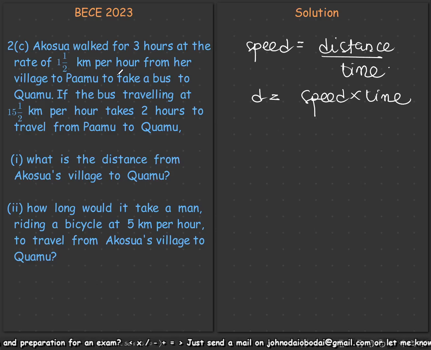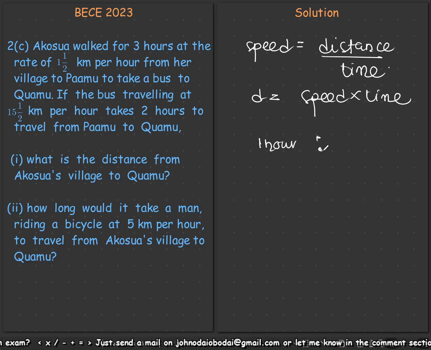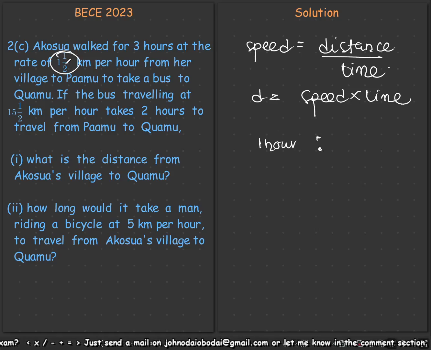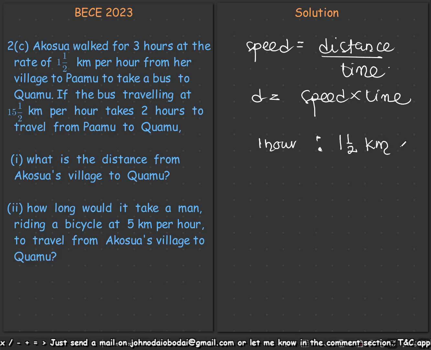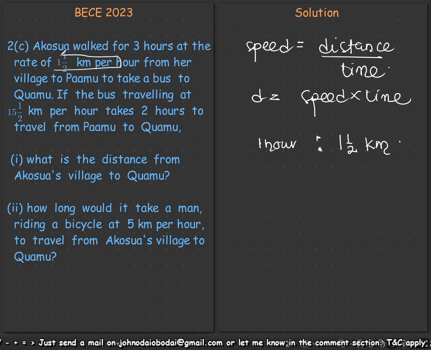Okay, so let's put this aside and see what is the total distance from Akosua's village to Quamu. We have to first of all calculate the distance she walked, and then the distance the bus also traveled. Looking at the rate of distance per hour, for every 1 hour she walked 1.5 kilometers.